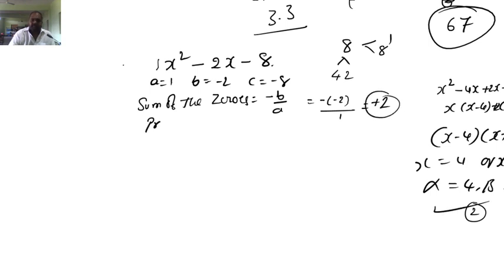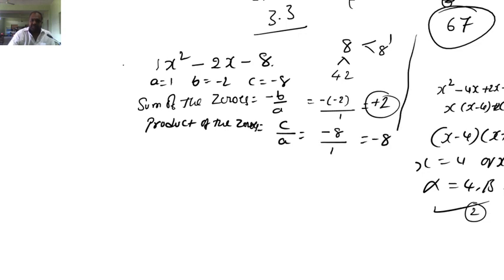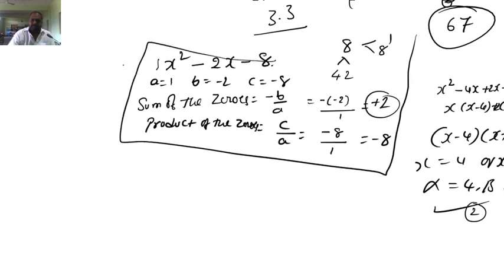Product of the zeros is c by a. C means minus 8 by 1, that is equal to minus 8. This is the problem.